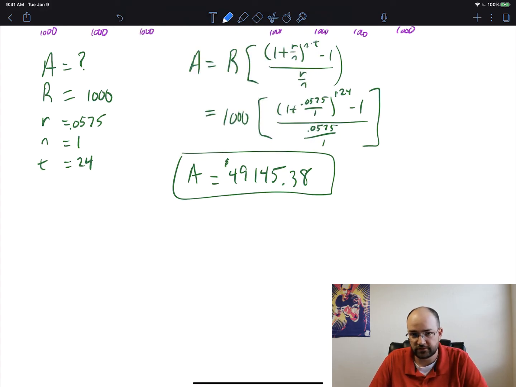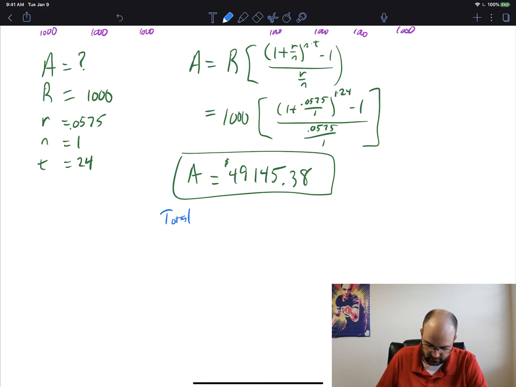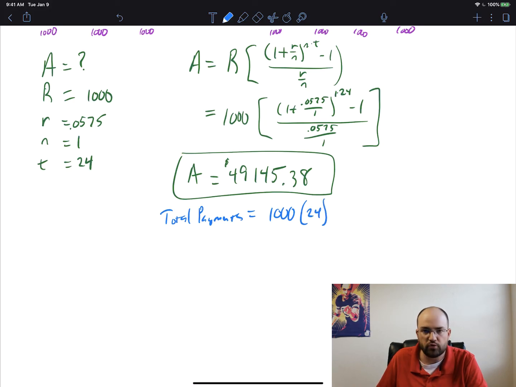Awesome. So the question now becomes, how much interest was earned? Well, to do that, we have to ask what were the total payments? Again, there were $1,000, and there were 24 total payments, which gives us $24,000.